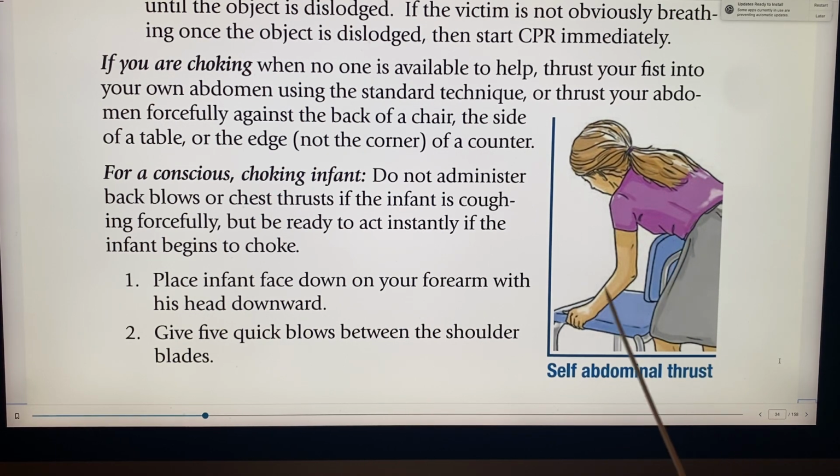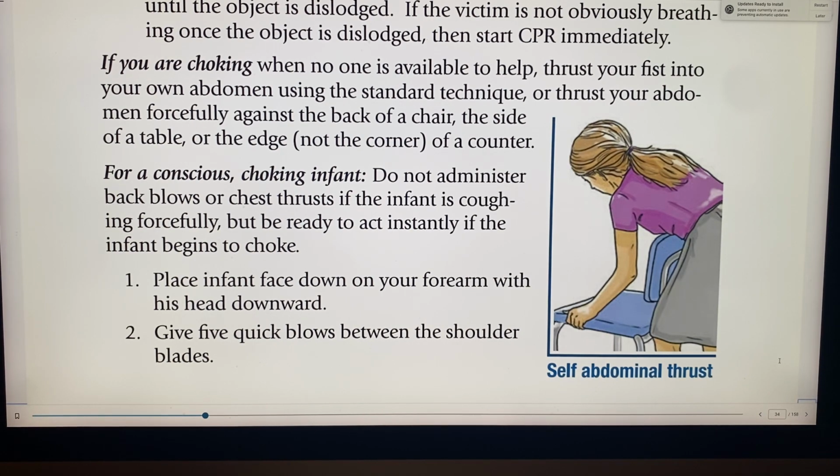Push hard, lean over, try to get it cleared. A lot of people have been able to do this easily, clearing their airway from choking, especially if you're in a restaurant and they don't know. You just go over to a chair and do this, and people think, oh, they're choking. But use the universal sign if you're around. If you're alone, this is something you definitely could do.